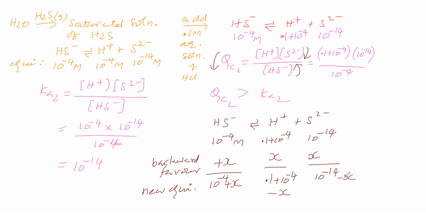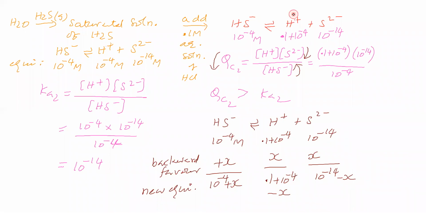Set. So now you see that we are adding HCl. Due to the addition of HCl, the system is disturbed. The equilibrium of the system is disturbed, that we came through this point. So the system is trying to attain equilibrium, for which the system favors backward.